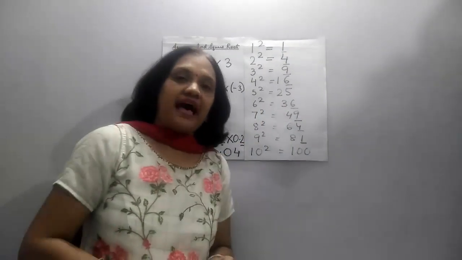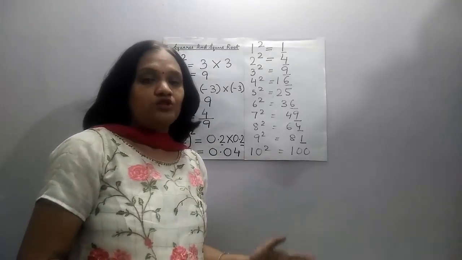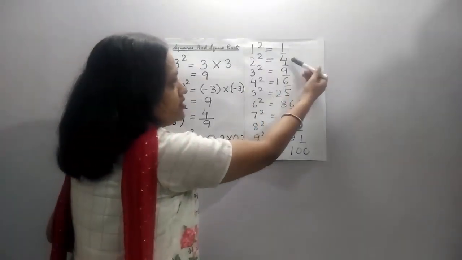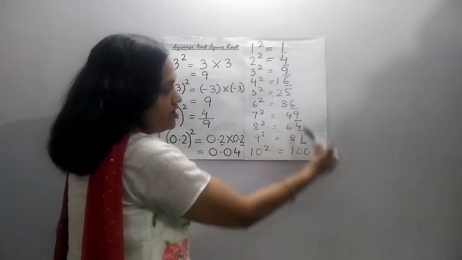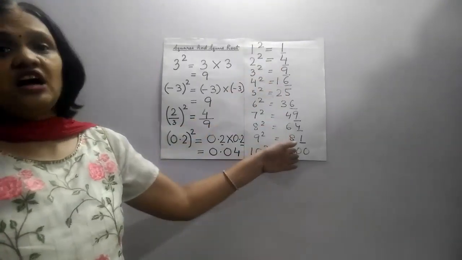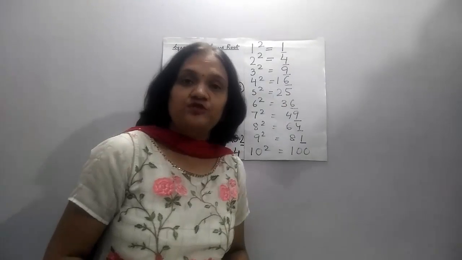So we realize that when we square any number, what we get as the last digit is 1, 4, 9, 6, 5 or 0. So which are the digits which are not present at the end of these squares?